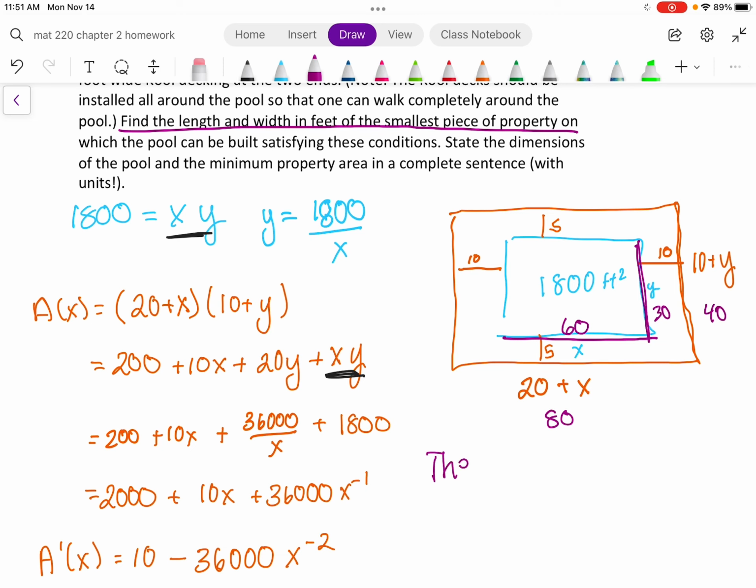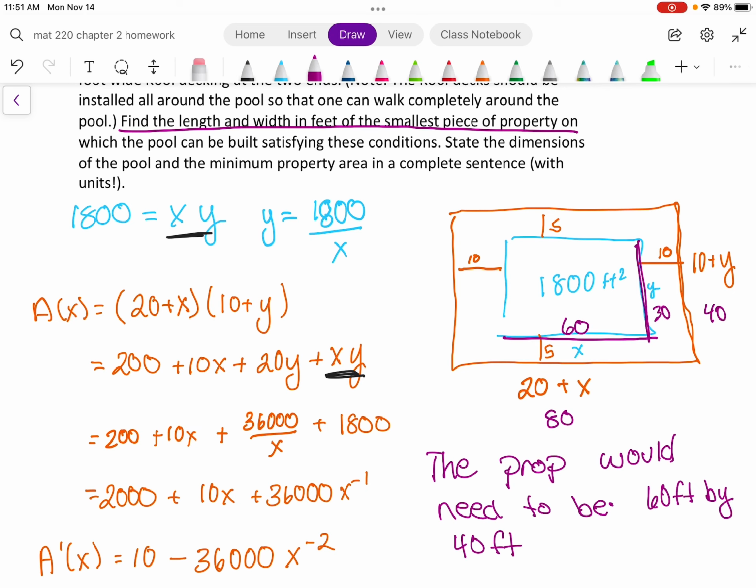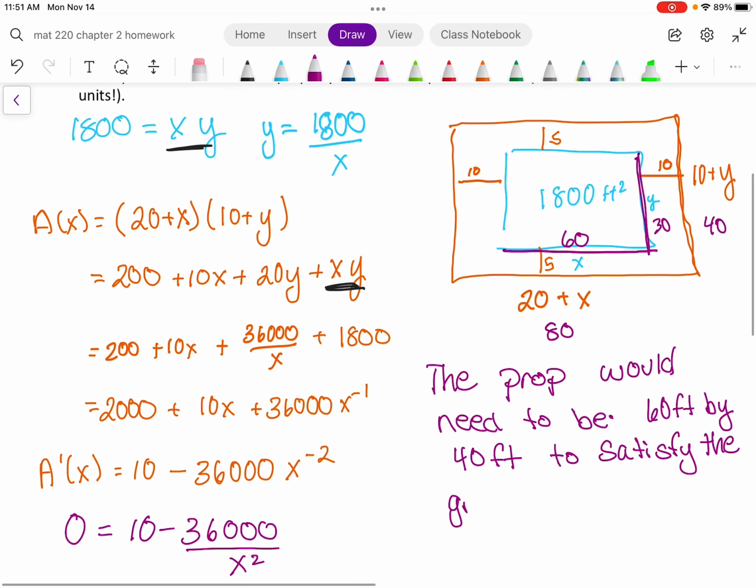So the property would need to be 80 feet by 40 feet to satisfy the given conditions.